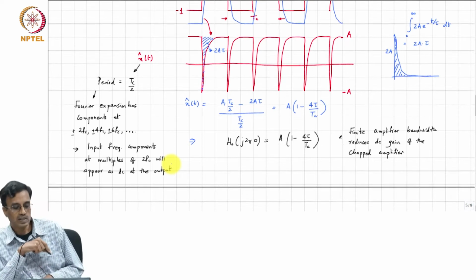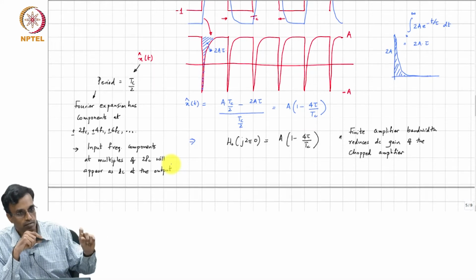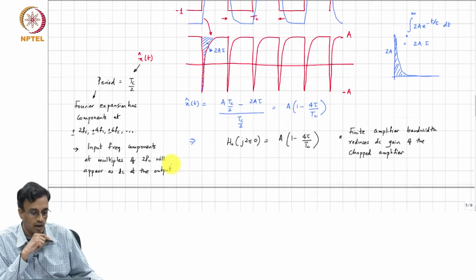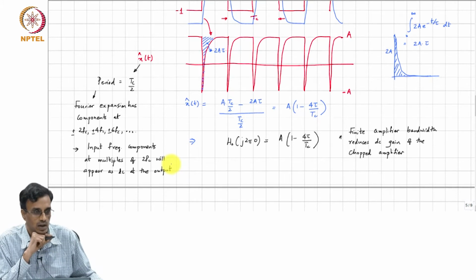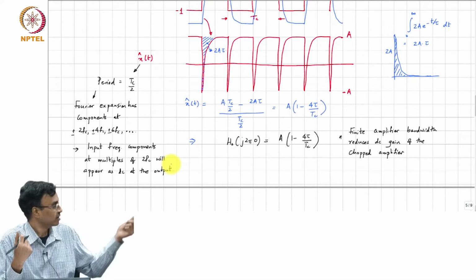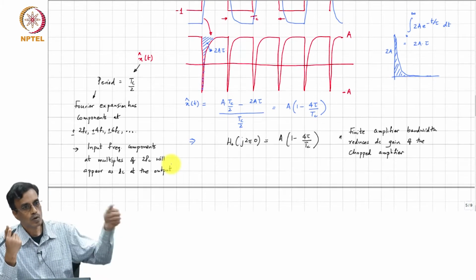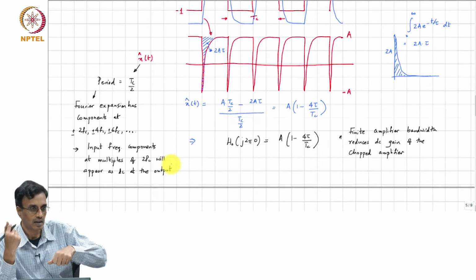Okay. So, this basically means that there is down conversion of input signal components at all even multiples of the chopping frequency. Now, the question is, what is the gain from an input, for instance at 2Fc, to the output at DC? You understand?